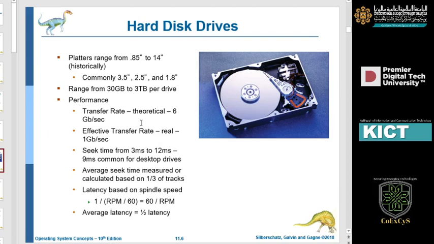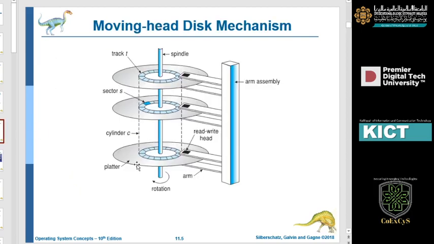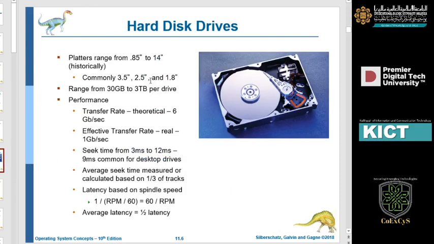A bunch of these are called platters, and platters can be about 0.85 to 14 inches in size. The capacity can range from 30 gigabytes to 3 terabytes per drive.